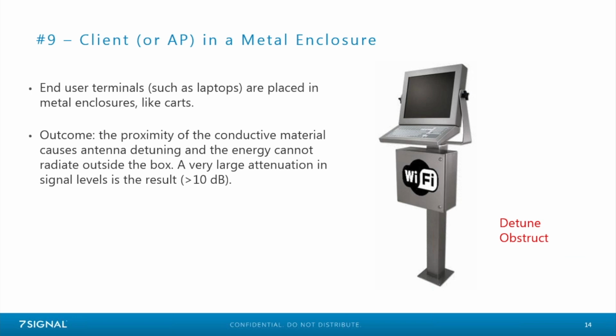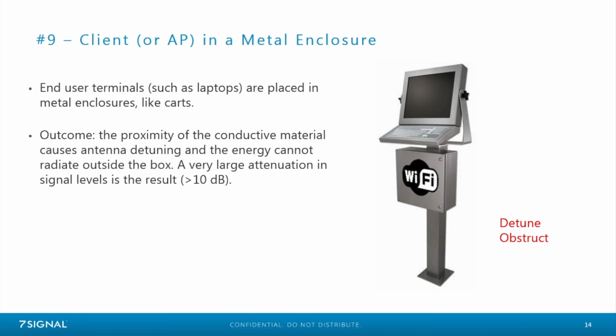I love this one. I've actually seen this, totally not kidding, where you take the client device and you put it in a metal box, all sealed up, and that really does not work well at all. So if you have to seal up your radio, you're absolutely going to need some external antennas on that box.